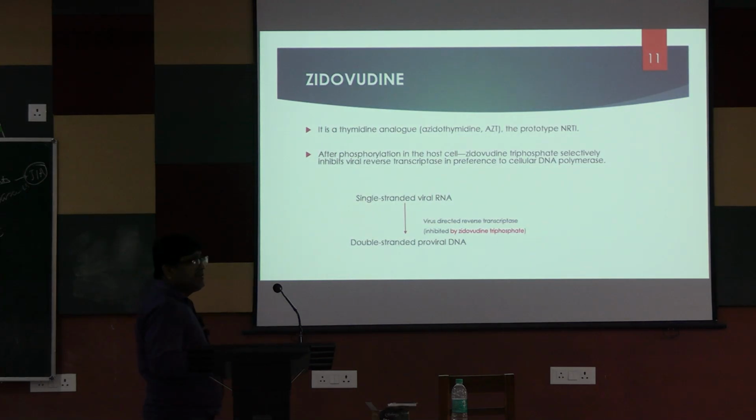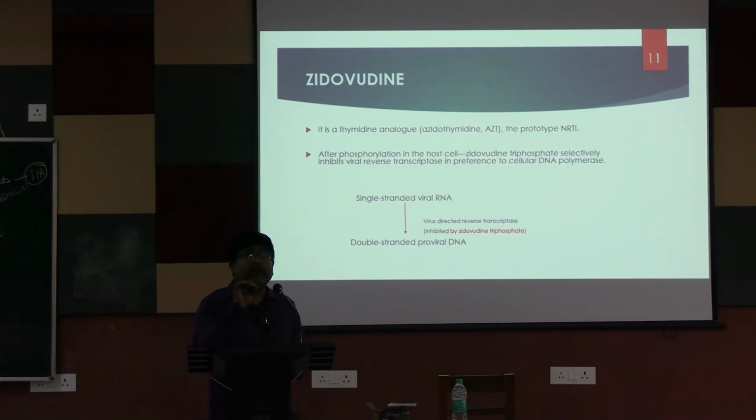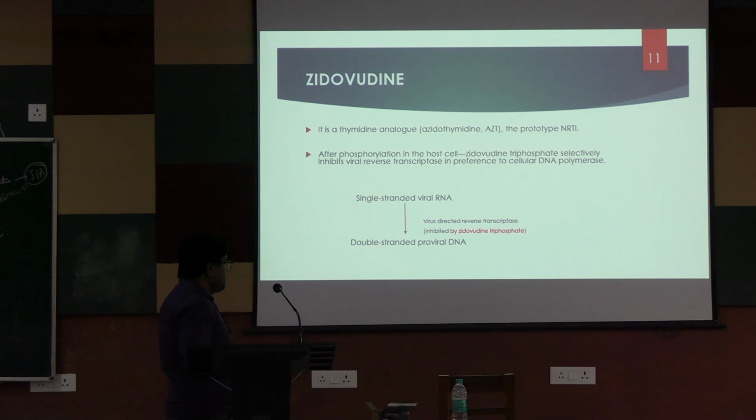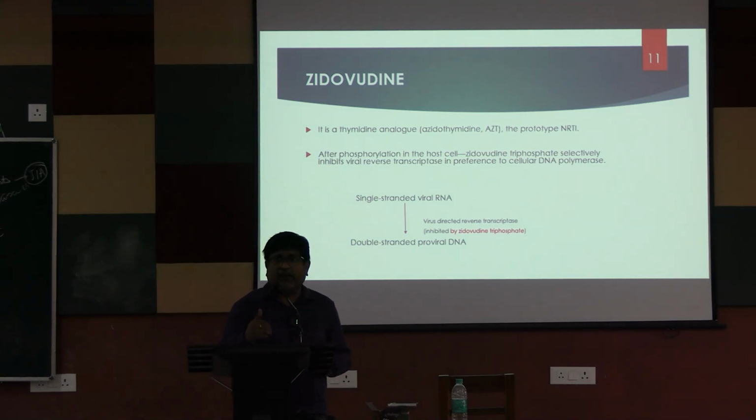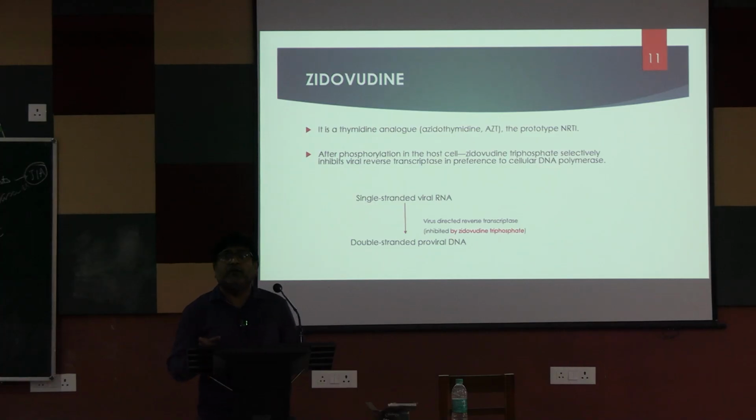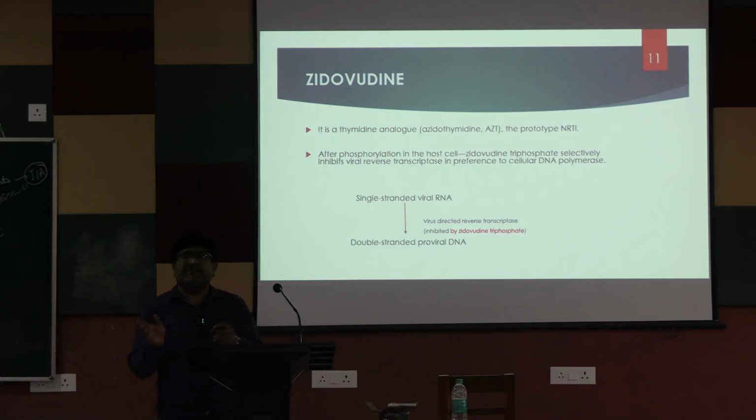Now Zidovudine basically it's a thymidine analog, it's azidothymidine. Now it's a prodrug, it is taken up by the host cell, phosphorylated into the Zidovudine triphosphate, and ultimately as discussed earlier, they inhibit the reverse transcriptase enzyme.